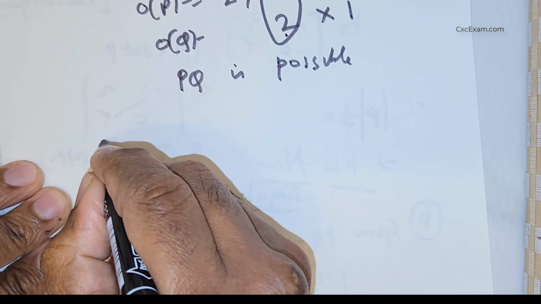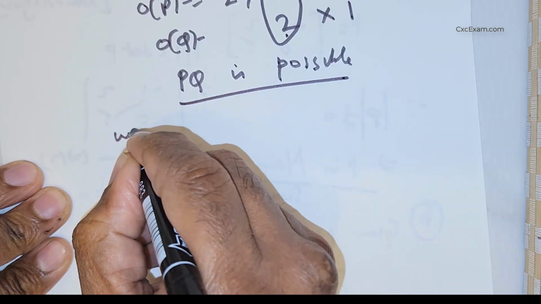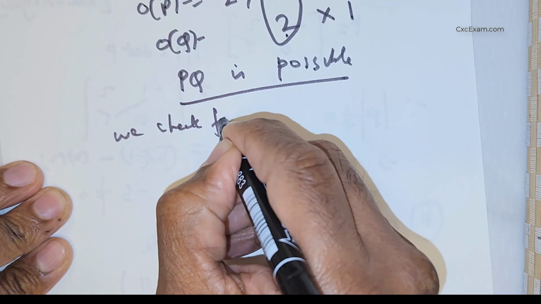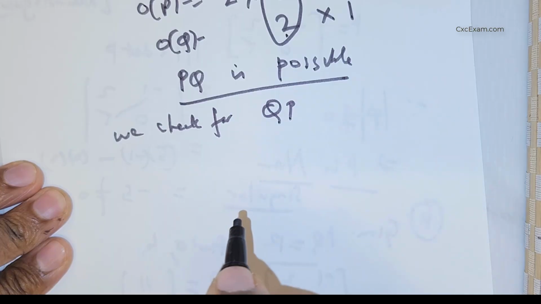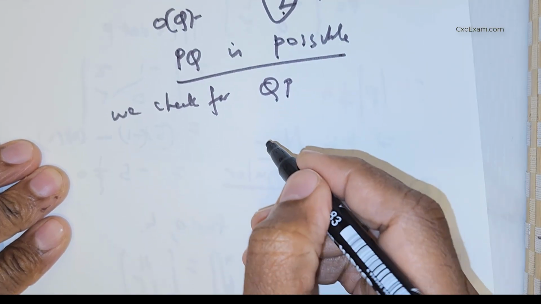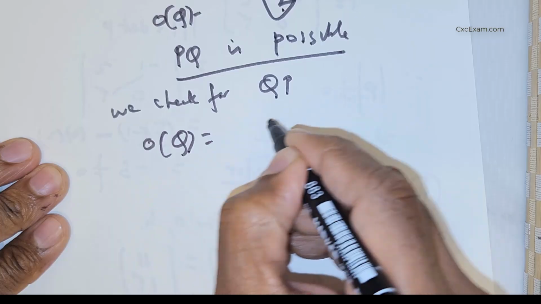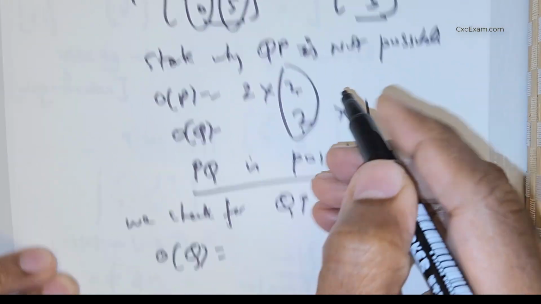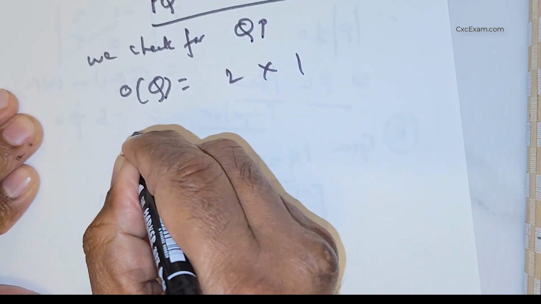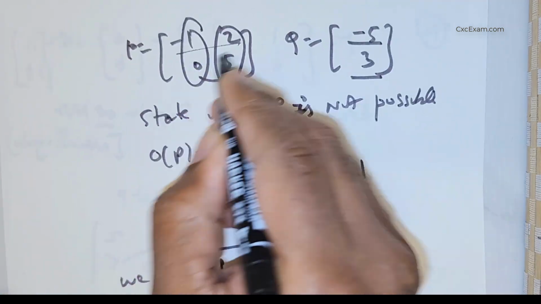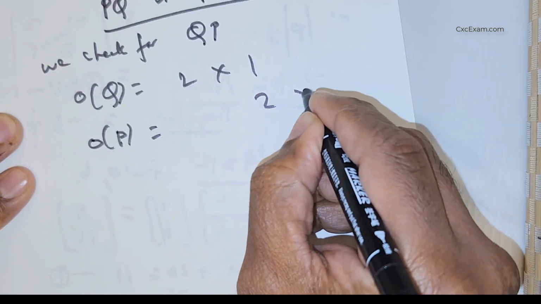Now we check for QP. Okay, so order of Q is what? 2 rows, 1 column. Order of P, 2 rows, 2 columns.